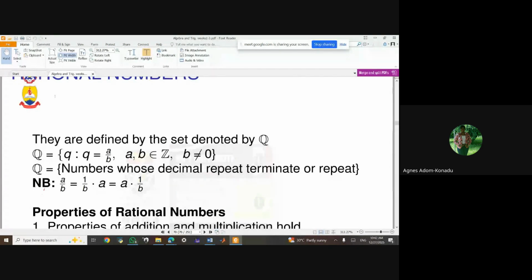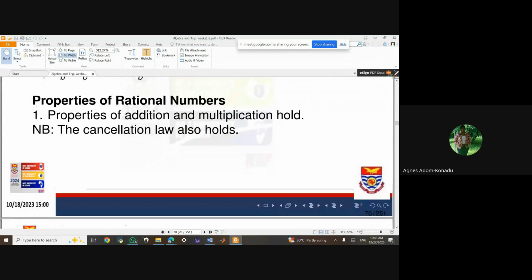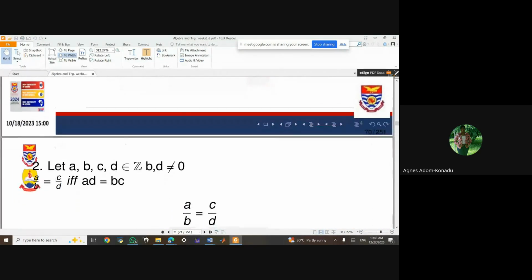Note that A over B is the same as 1 over B times A, which is the same as A times 1 over B. Rational numbers obey the properties of addition and multiplication. They also obey the cancellation law.